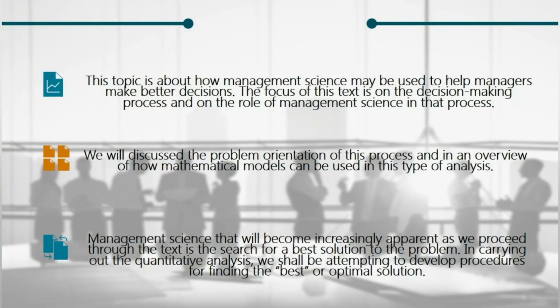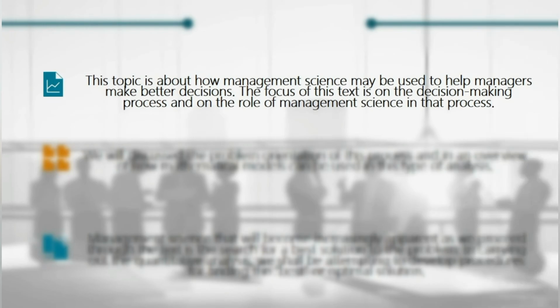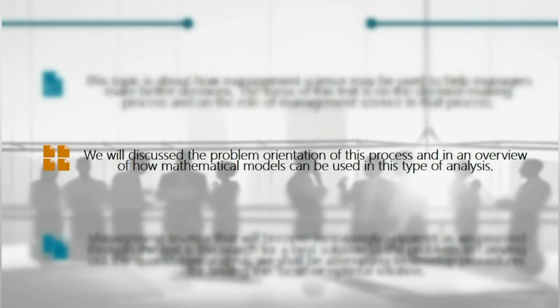This topic is about how management science may be used to help managers make better decisions. The focus of this text is on the decision-making process and on the role of management science in that process. We will also discuss the problem orientation of this process and, in an overview, show how mathematical models can be used in this type of analysis.